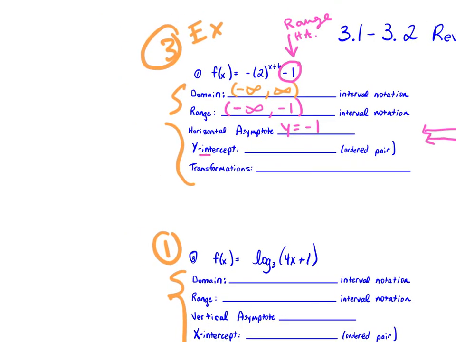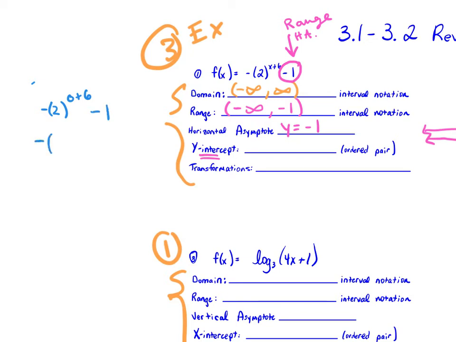For our intercepts, we're always going to plug in 0 to our equation and solve. So for our y-intercept, that means we plug in 0 for x. So we have -2, negatives on the outside, so -2 raised to the power of 0 plus 6 minus 1.